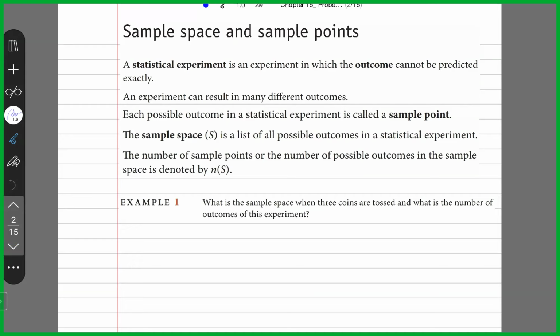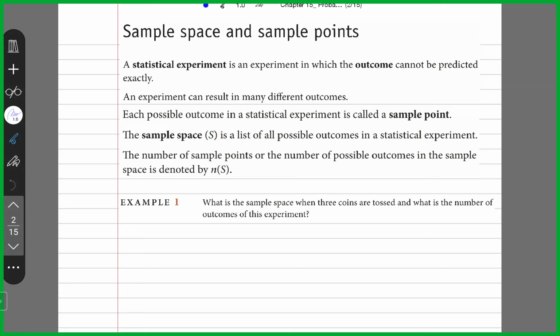Each possible outcome in a statistical experiment is called a sample point. So later on, you might hear words like events and observation. Those are words you would have learned from the CSEC level or the ADMATH level. But here they're saying each possible outcome in a statistical experiment is called a sample point.